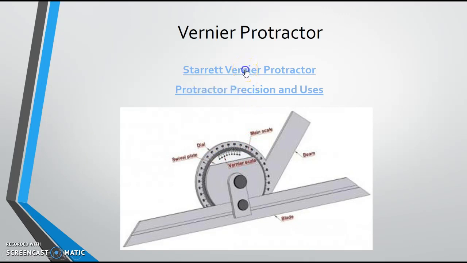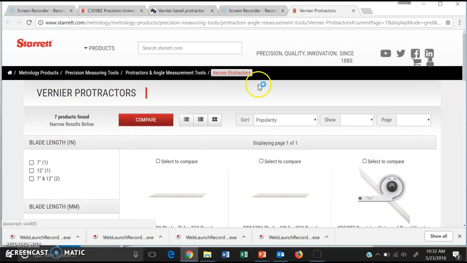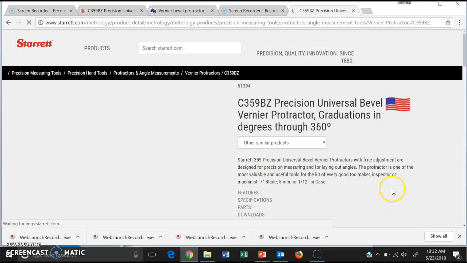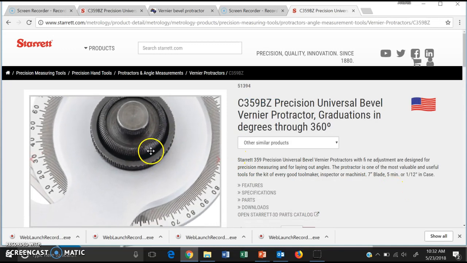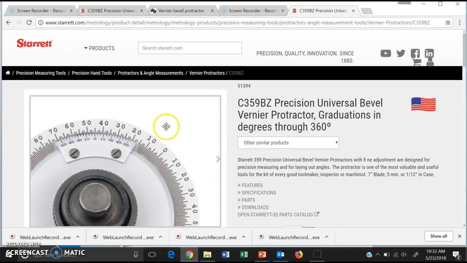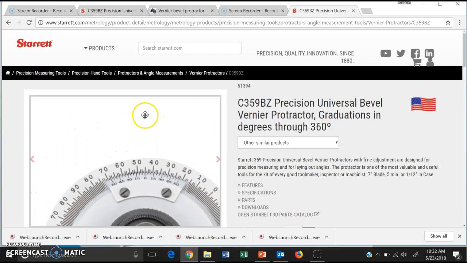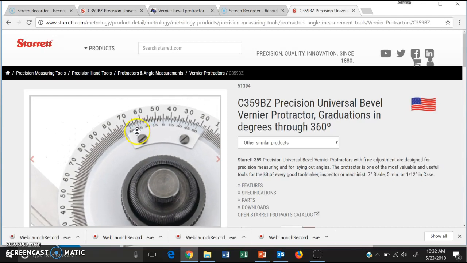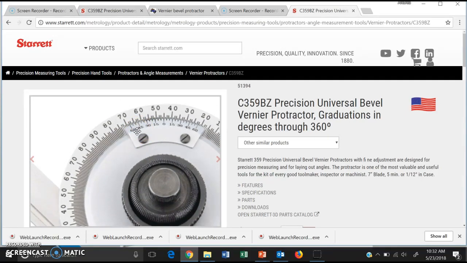You can check these links out on your own, but I'm also going to go through them so you can take a peek. Here is an example of a Starrett vernier protractor. Notice that we read these the same way as we read vernier scales on something like a micrometer or a vernier caliper. You'll notice that your vernier scale goes from 0 to 60.